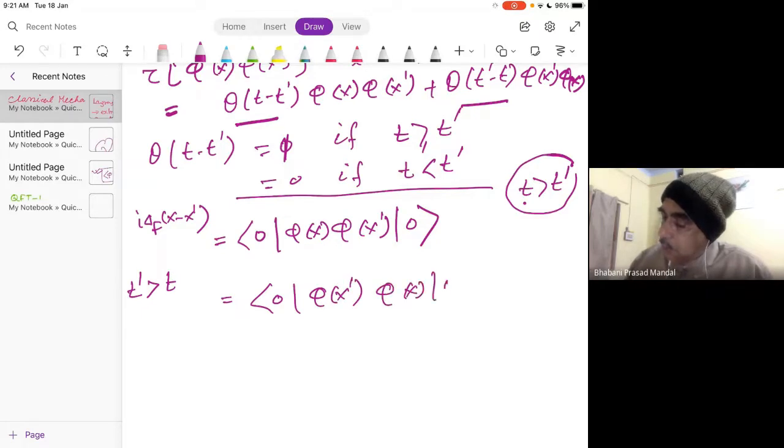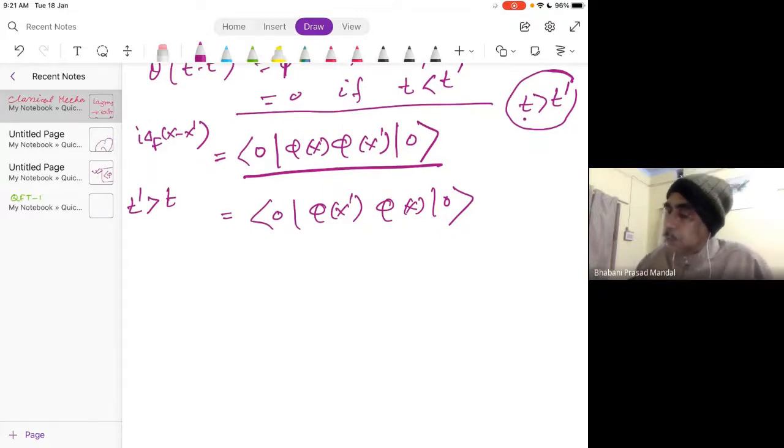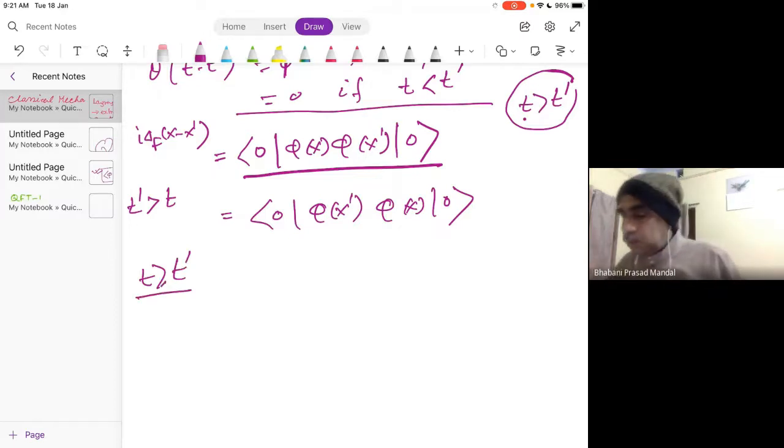The other one will survive. So we have to see the meaning of this or this. Let us first consider the situation t greater than or equal to t'. Equal is also the same thing.